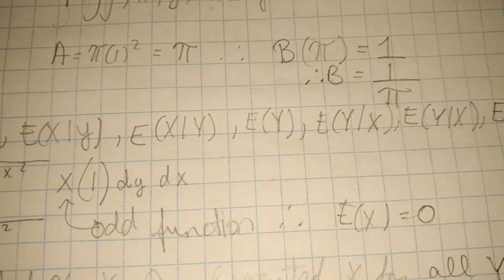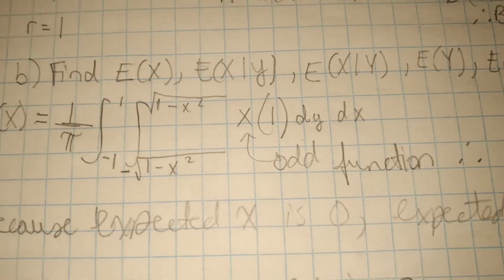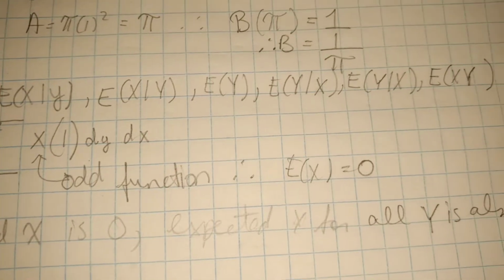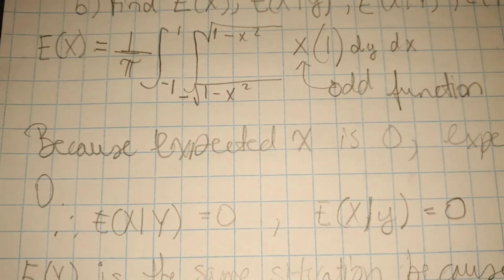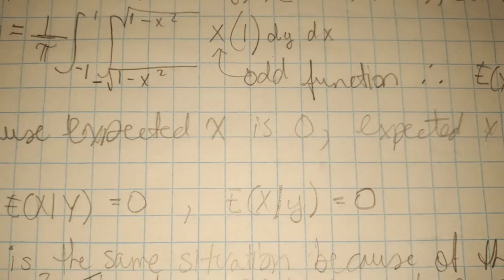Because the expectation of x is equal to 0, we can infer that the expected x for all y is also 0, which means E of x given y is equal to 0, and E of x given a value of y is equal to 0.